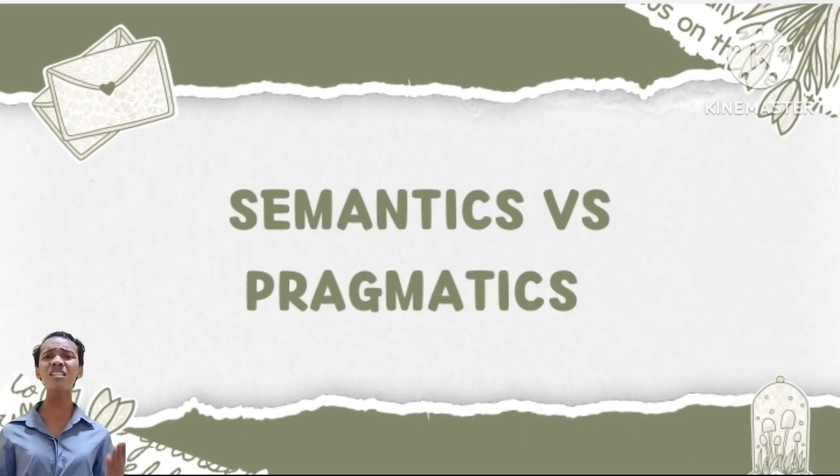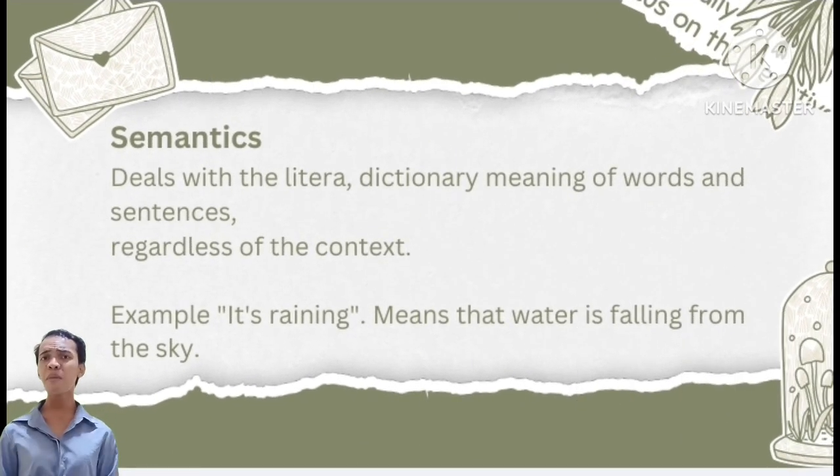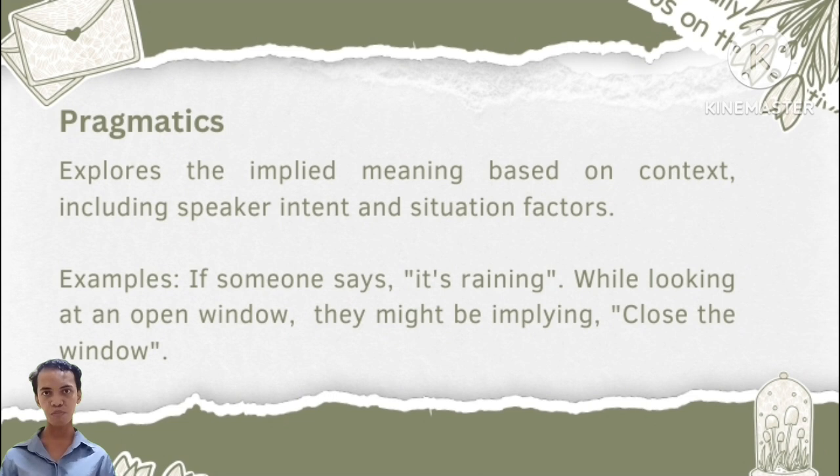Semantics, versus pragmatics, deals with the literal dictionary meaning of words and sentences, regardless of context. For example, 'it's raining' means water is falling from the sky. Pragmatics explores the implied meaning based on the context, including the speaker's intent and situational factors. For example, someone sees it's raining while looking at the open window.